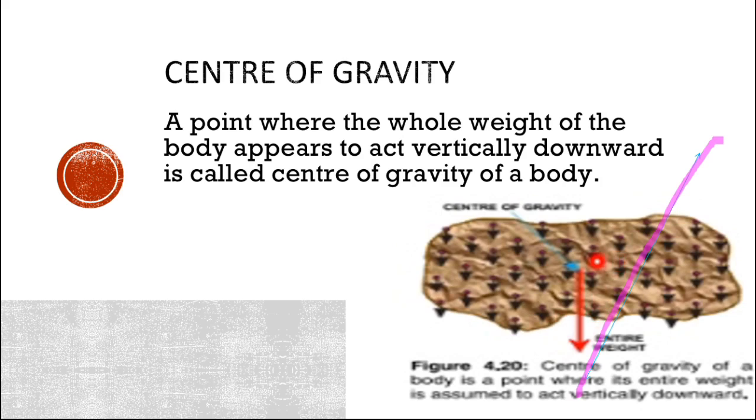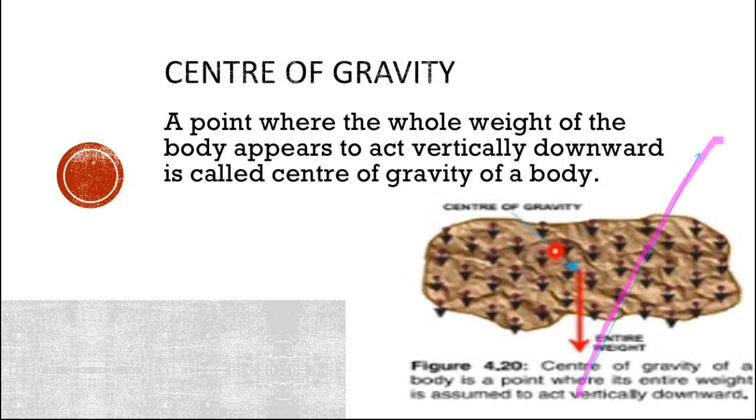So these forces or weights will also produce a moment or a torque. As the left hand side has more forces than the right hand side, we can say that the clockwise moment is not equal to the anti-clockwise moment. So the body is not balanced.